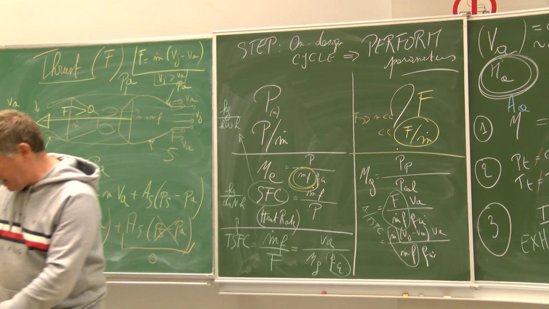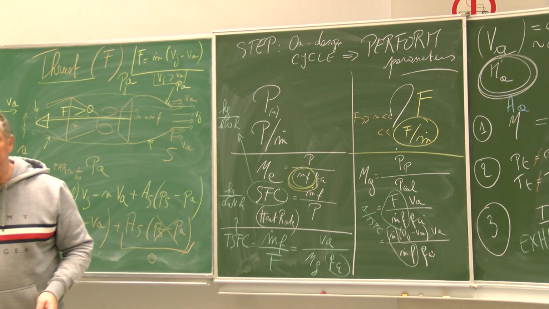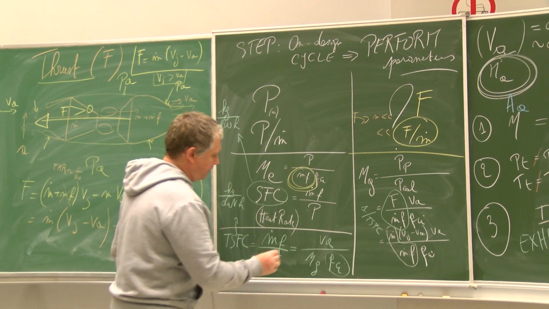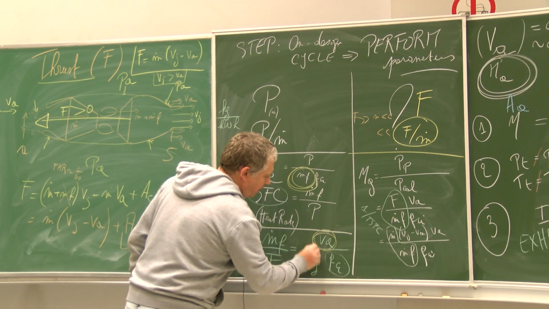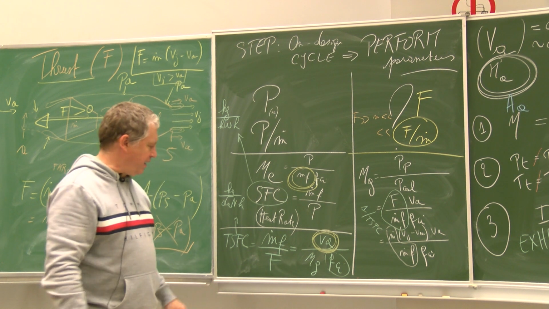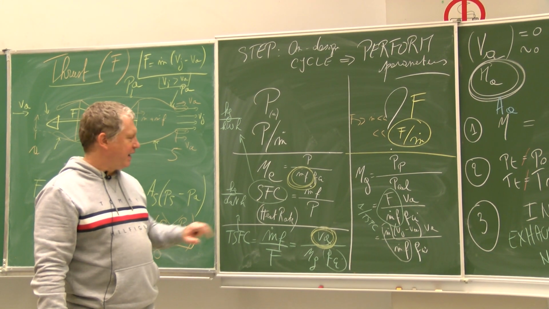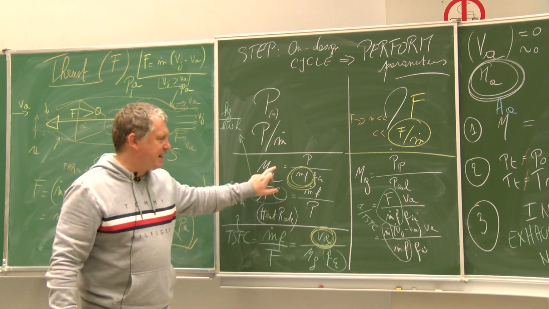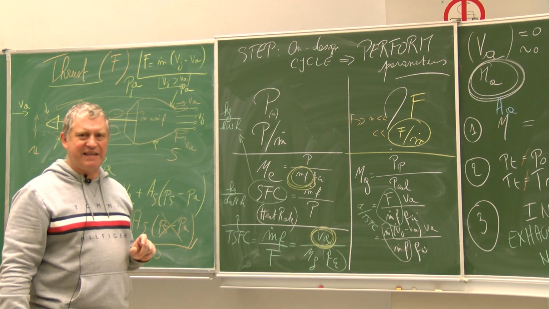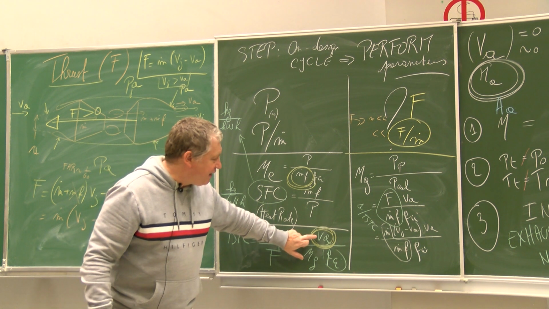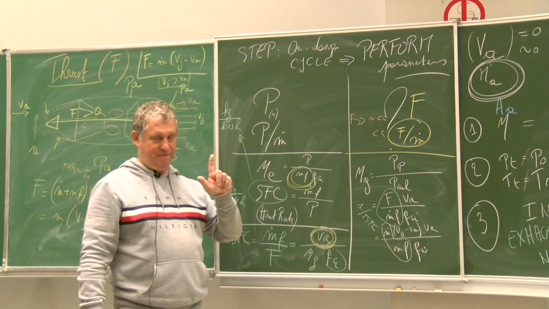But mainly, what do we need to observe? Between eta global and the TSFC, it is not as with the gas turbine cycle. We have the presence of VA.